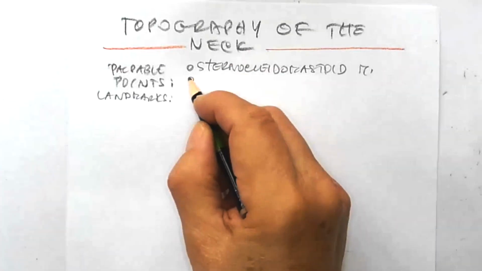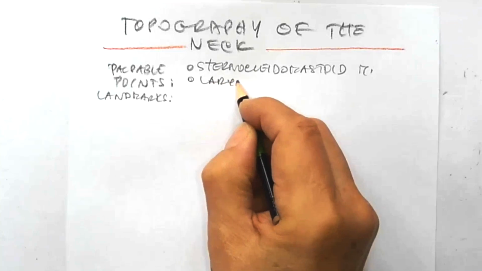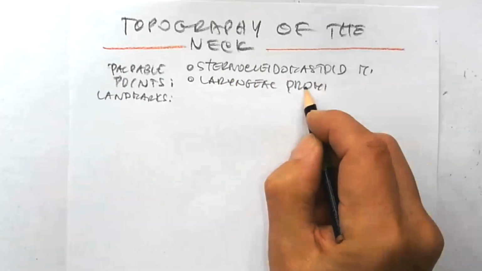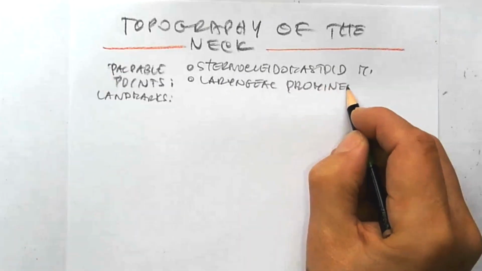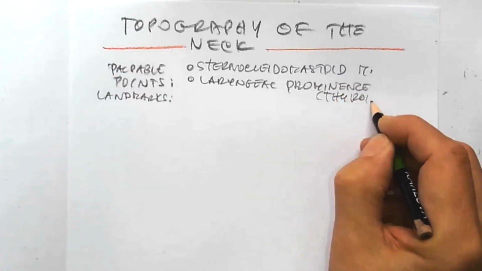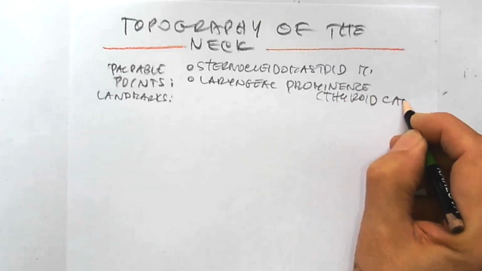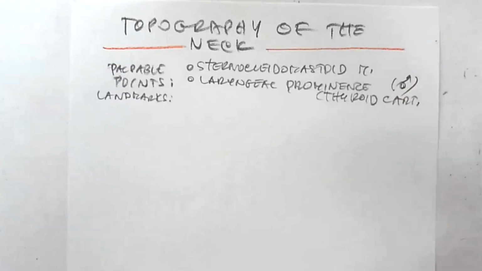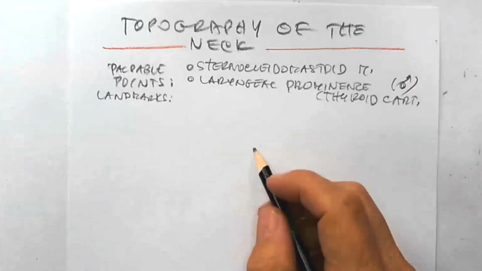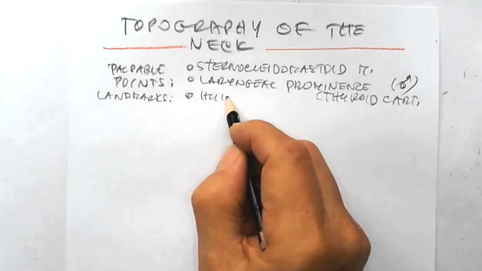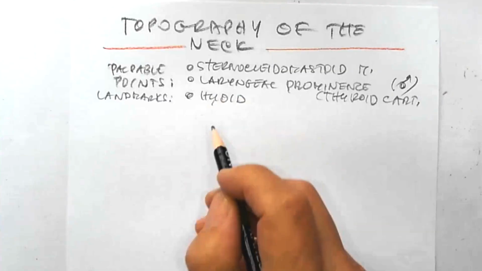Then we see the laryngeal prominence. We said laryngeal prominence is the prominence of the thyroid cartilage, and bigger, definitely bigger in men, symbol of Mars. Then the next one is the hyoid, definitely hyoid bone.